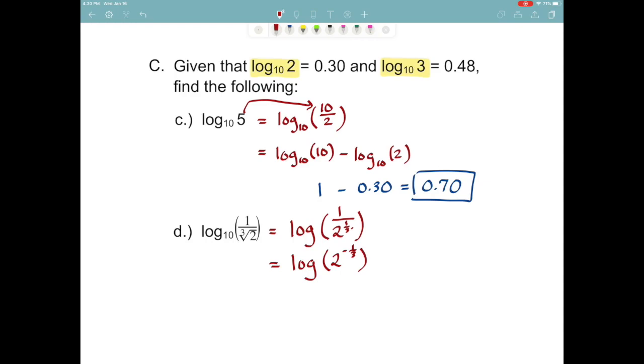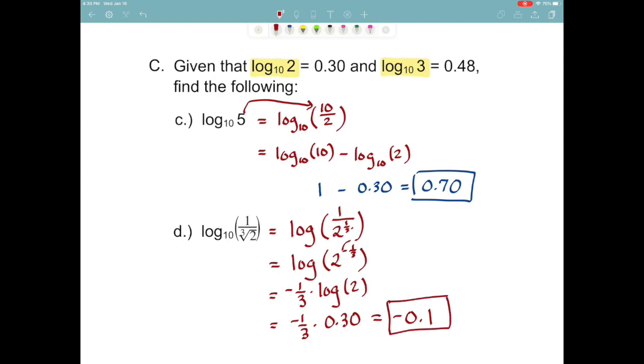Now we can use the power property of logs. Let's take that exponent and make it the coefficient. We have negative 1/3 times log of 2. Log of 2 still hasn't changed, so this now equals negative 1/3 times 0.30, which when we multiply 1/3 by 0.30, we should get negative 0.1. And that would be our solution there.